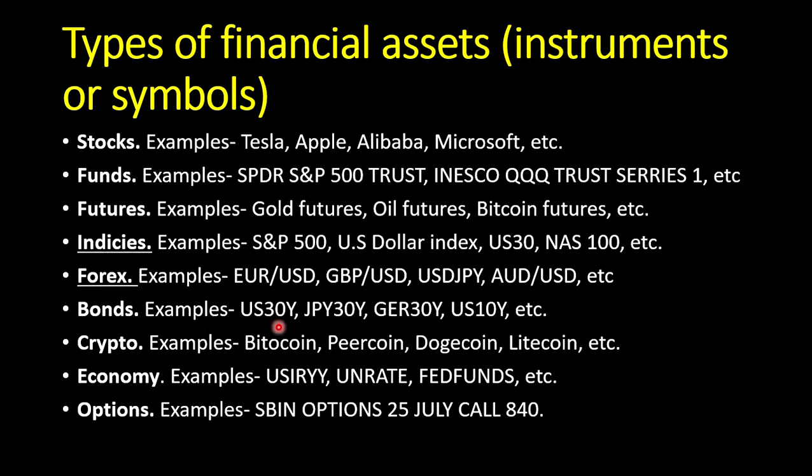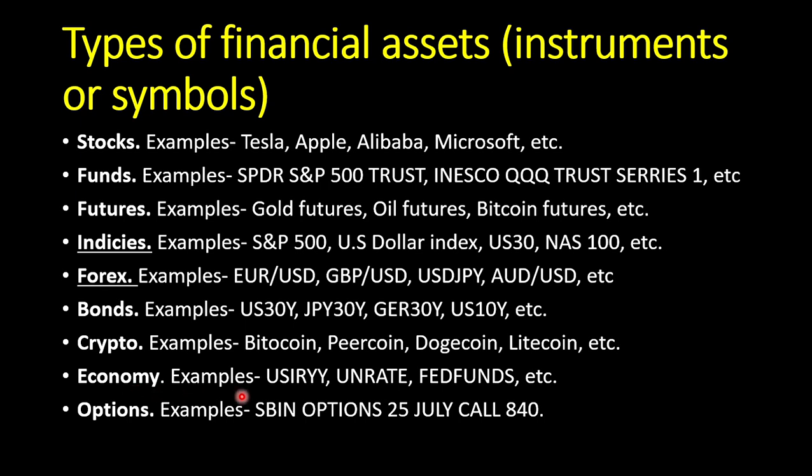Examples include US 30Y, Japanese 30Y, German 30Y, US 10-year bond, and many more. There are so many, I could only list a few. Then we have cryptocurrencies. So examples include Bitcoin, Peercoin, Dogecoin, Litecoin, and many other cryptocurrencies.